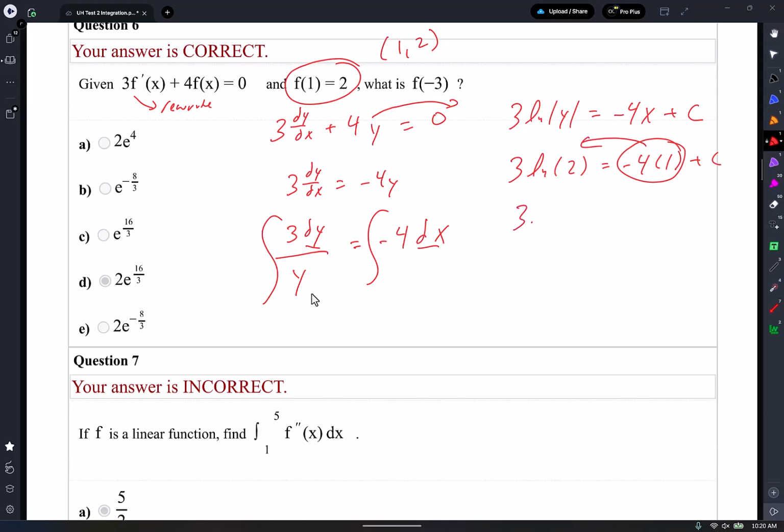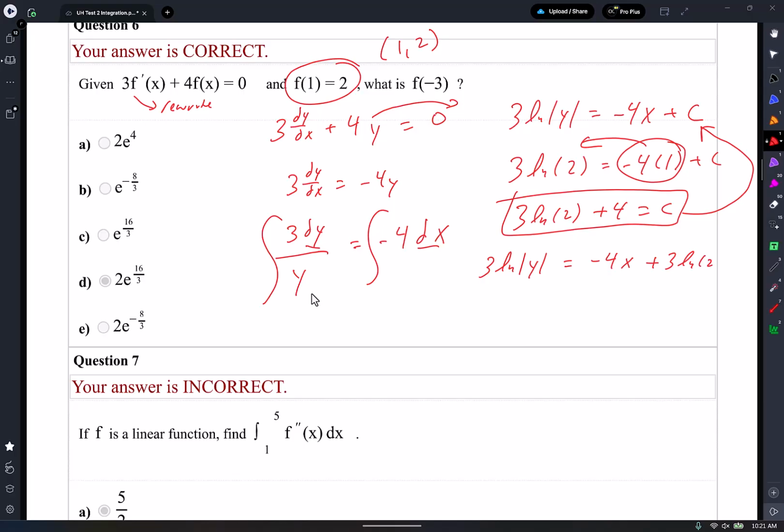So I'm going to write 3 ln of 2 plus 4 equals c. That's what I'm going to insert right there. I'm going to go slow. Don't worry, I'm slowing down. 3 ln of y, I guess you keep the absolute value for now, equals negative 4x plus 3 ln of 2 plus 4. So catch up to here.